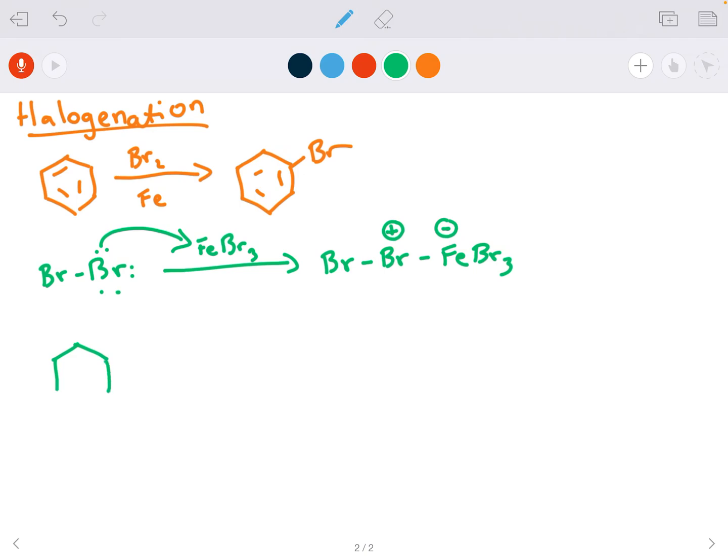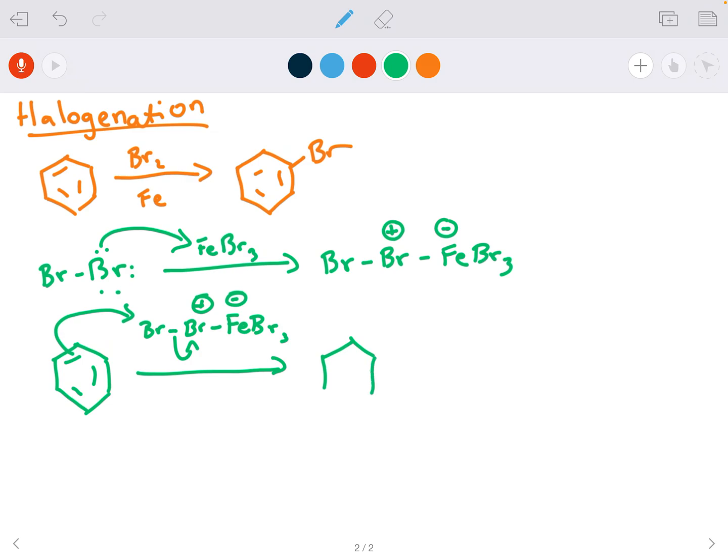So now I have my benzene. And I react this with the complex. The pi bond from the benzene attacks the bromide, electrons move over to the other bromide.